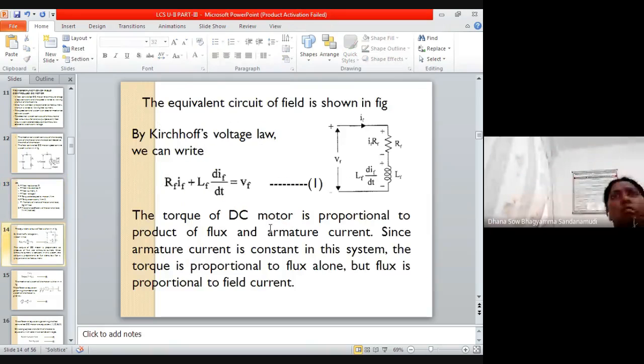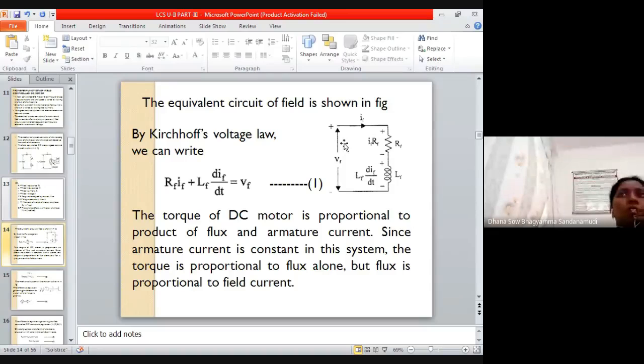So this is the equivalent circuit of the field winding. It will have resistance and inductance: field resistance and field inductance. The drop across the resistance is IF RF, and across the inductor it is LF d(IF)/dt.